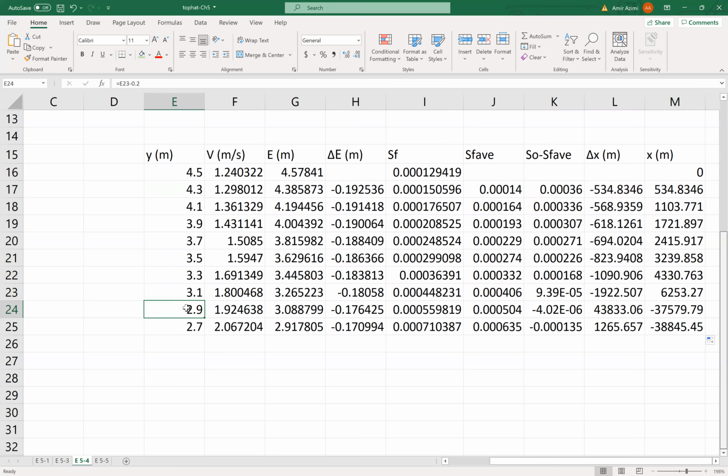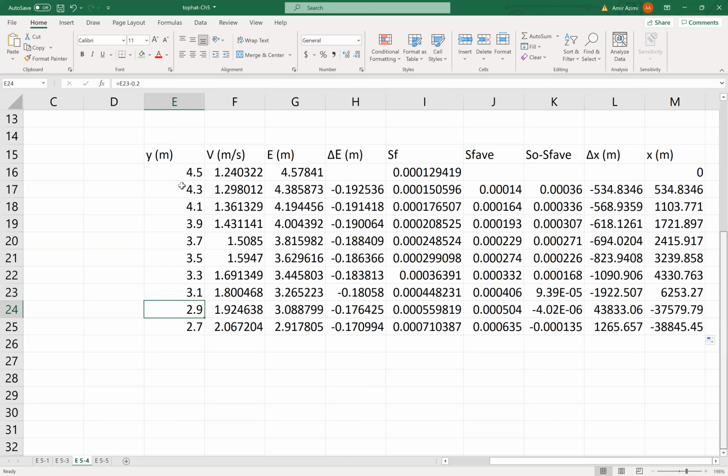So this means that we are getting close to the normal depth. Remember, we had the M1 curve. So the M1 curve is a gradually varied flow curve that is above both critical depth and normal depth.